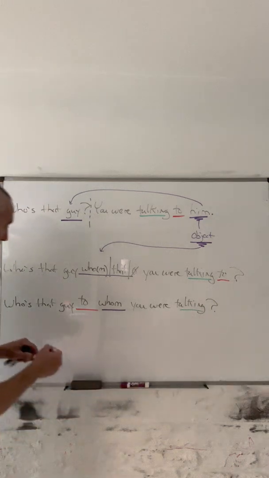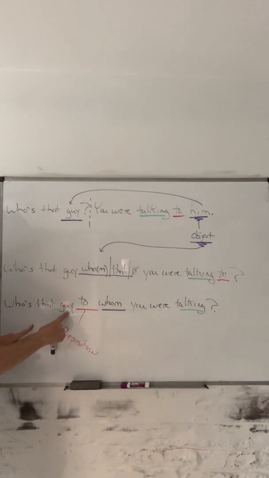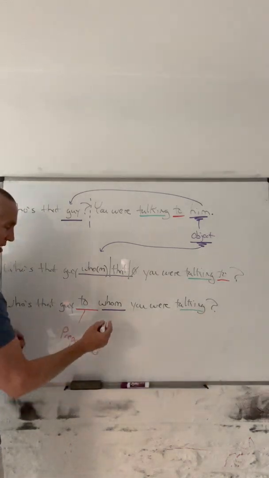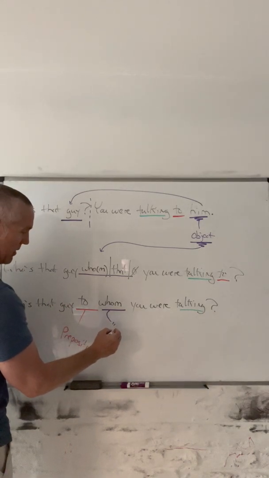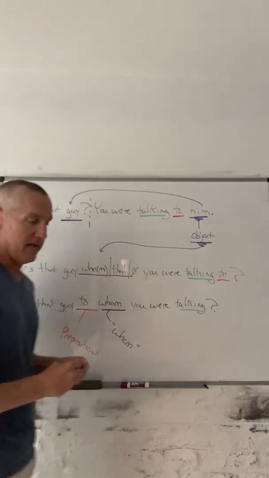And again, when we have a preposition, and that's a person, and then we're using that preposition to introduce the adjective clause, you only have one option, and that is whom.